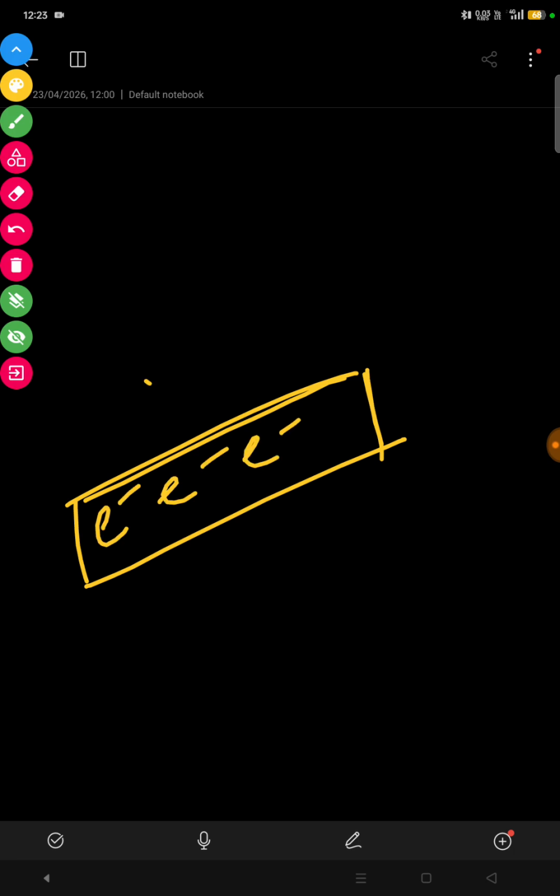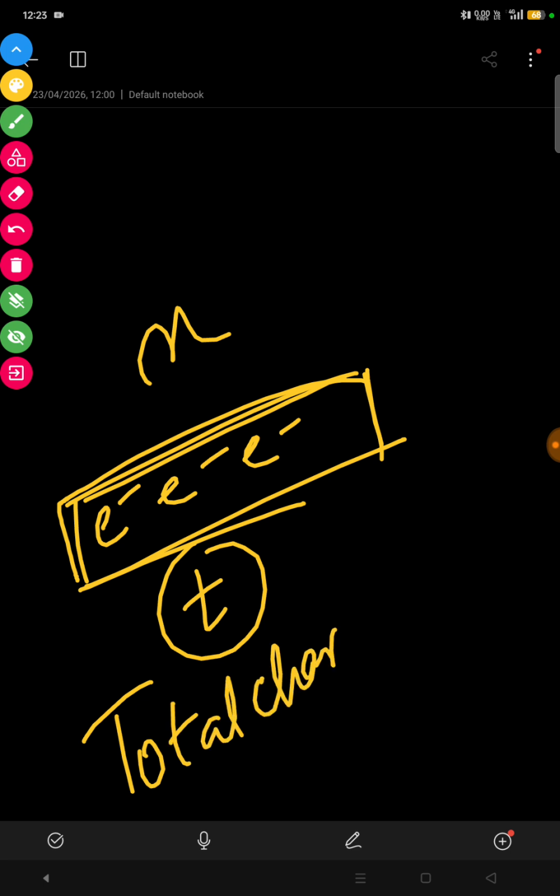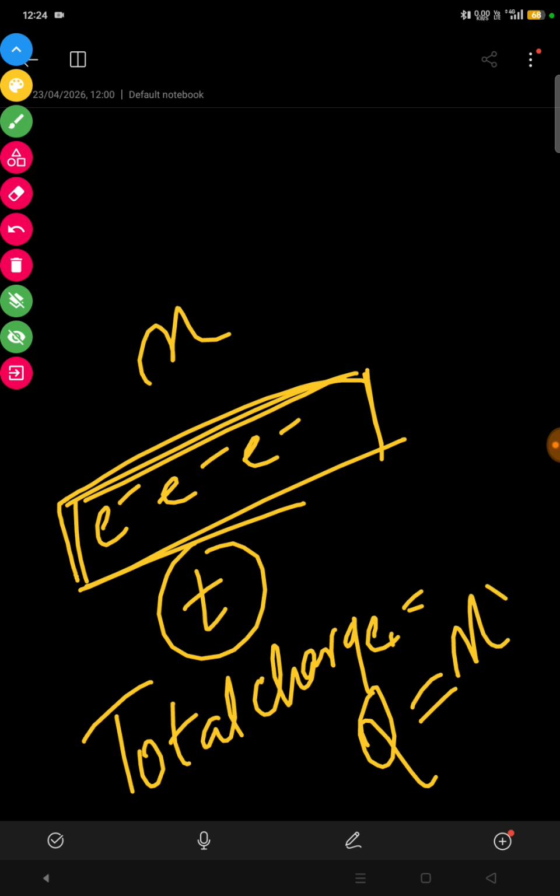If n number of electrons pass through a cross section area of the conductor in time t, then what will be the total charge? So in that case, Q is equal to small n into E.